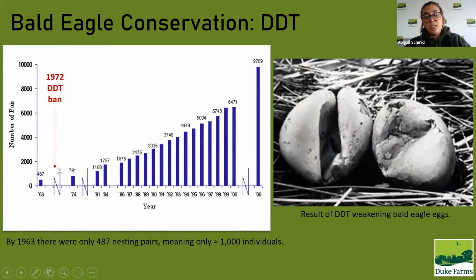1972 was the DDT ban, right about here. And we're seeing this amazing correlation between stopping the use of DDT and the increase of the bald eagle population, right? We're seeing a great amount of growth throughout the years. This graph stops in 2006, but even then we had almost 10,000 pairs of bald eagles.